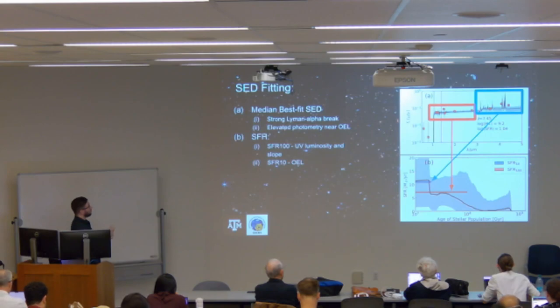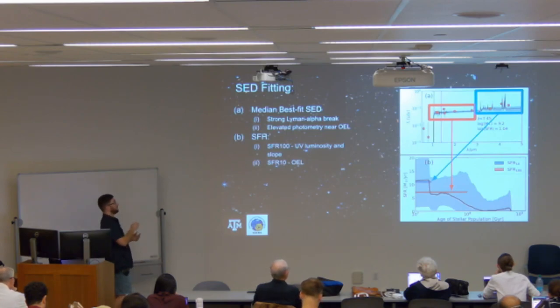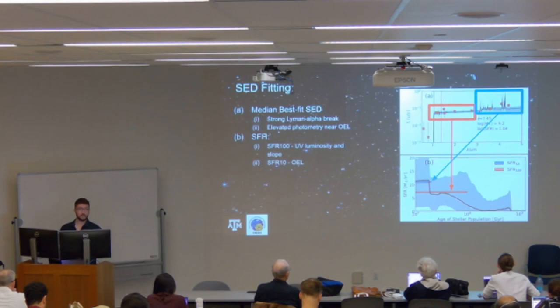But I would like to argue that we can also trust shorter timescales because we have these elevated emission lines in the photometry. So we know that these emission lines are present, and at higher redshift many of these should be hydrogen and oxygen lines, and they should be coming from star formation.